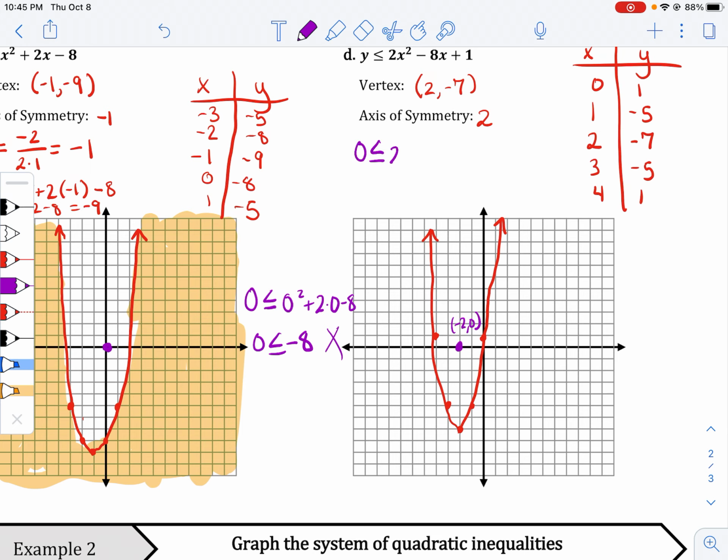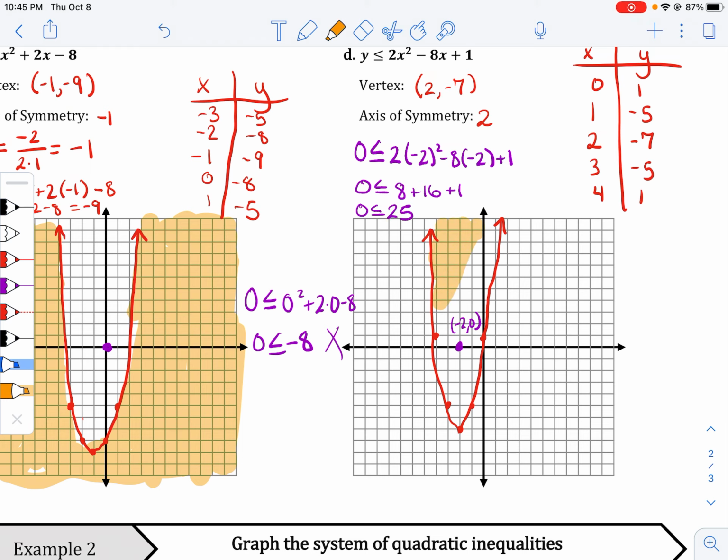So I have 0 is less than or equal to 2 times negative 2 squared minus 8 times negative 2 plus 1. So this is 0 less than or equal to negative 2 squared would be 4 times 2 is 8. This would be a plus 16 plus 1. I think we can see that this is going to be true without even doing the math here. 8 plus 16 plus 1 is 25, and that's definitely true.